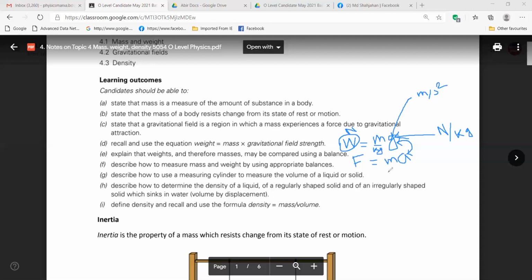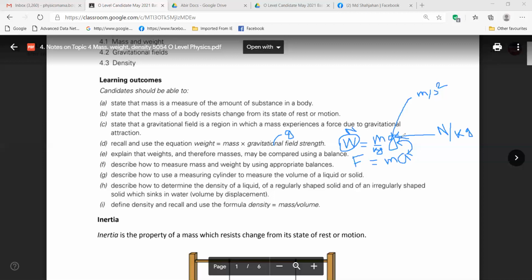Yes. Sir, which unit is Newton per kg the unit for? Gravitational field strength g. Oh, the Newton per kg is the unit for gravitational field strength.